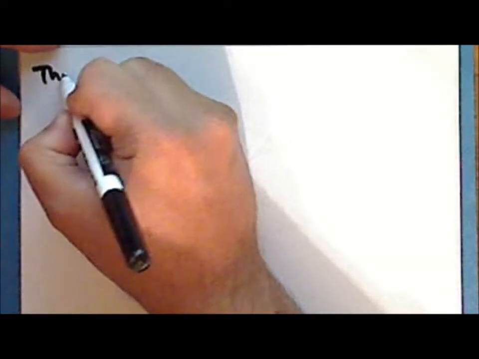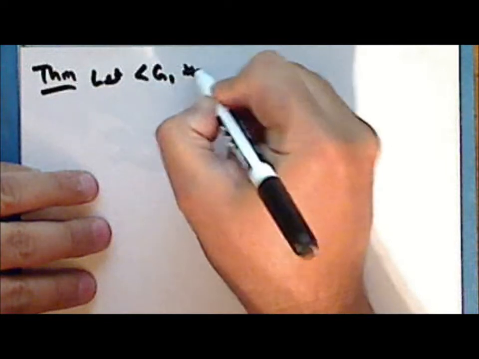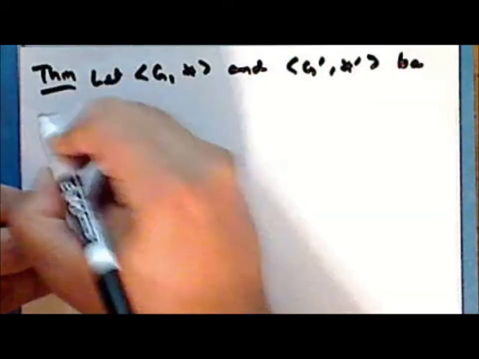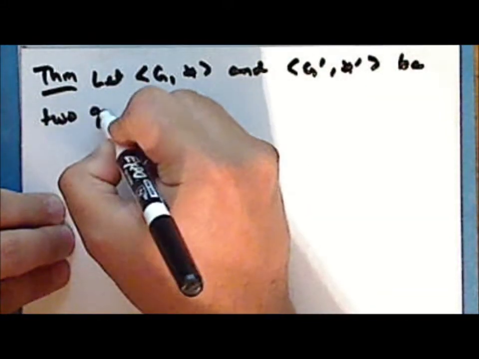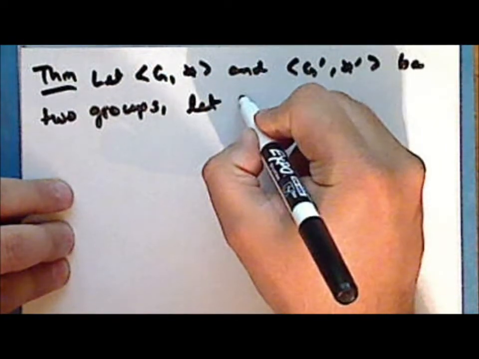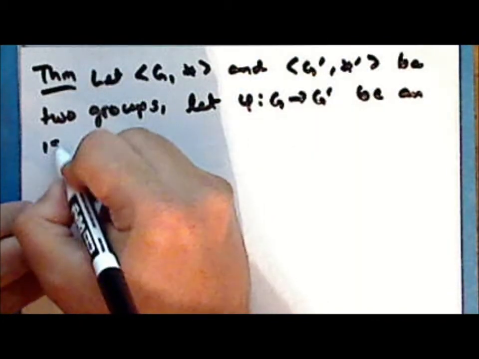So as a theorem, let G together with operation star and G prime together with operation star prime be two groups. Let the map phi from G into G prime be an isomorphism.